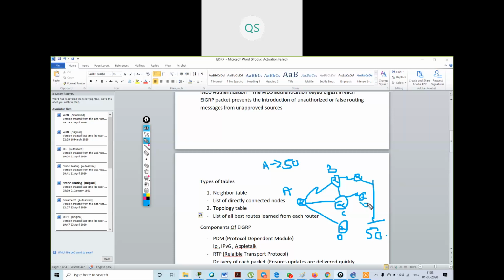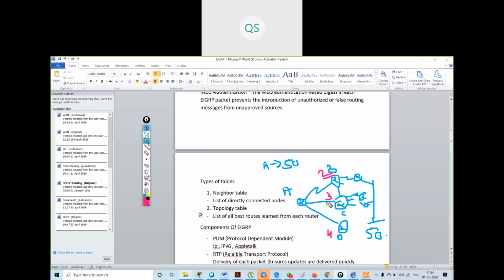Suppose B is having two routes to reach the 50 dot network, C is having three routes, and D is having four routes. So if A goes via B, I am having 2 routes.